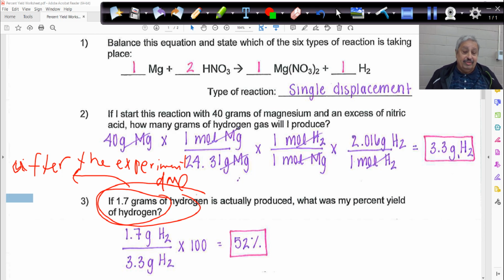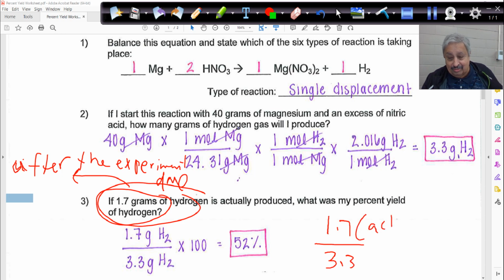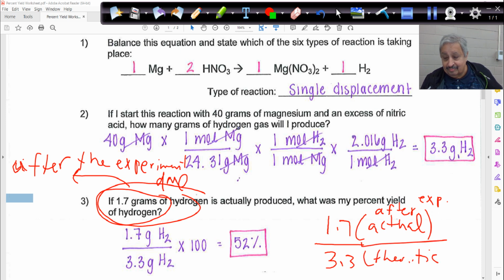So then what is the yield? The yield is the actual one after the experiment is done, 1.7 divided by 3.3. That's the theoretical. This is the actual after the experiment is done, and this is the theoretical, before the experiment is done.